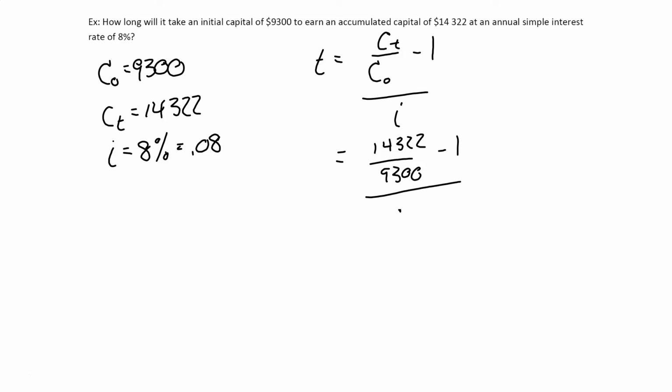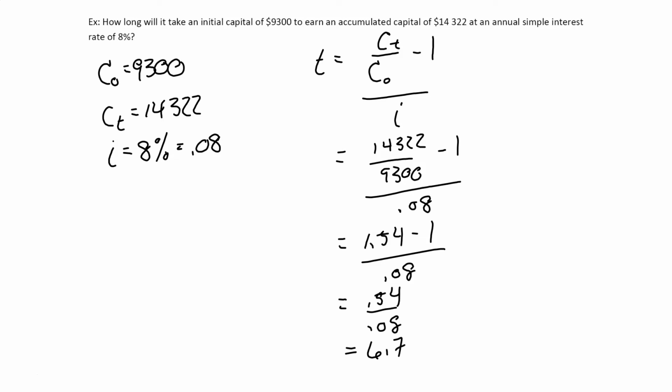Divide all of that by 0.08. We get 1.54 minus 1 divided by 0.08, which is 0.54 divided by 0.08, which is equal to 6.75. So it will take 6.75 years.